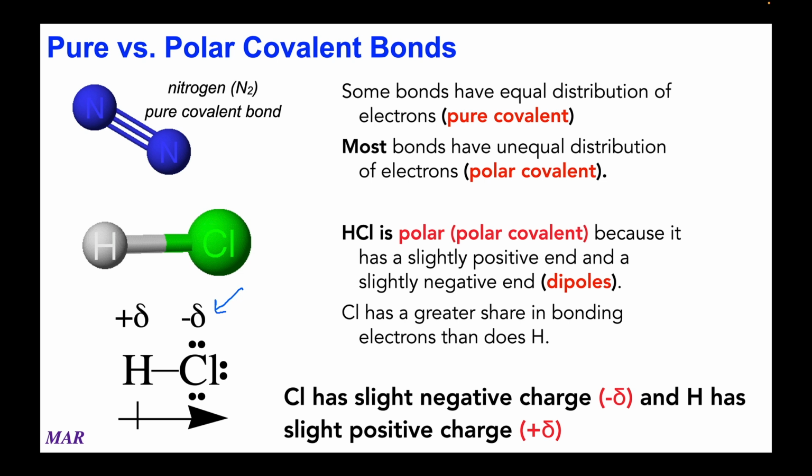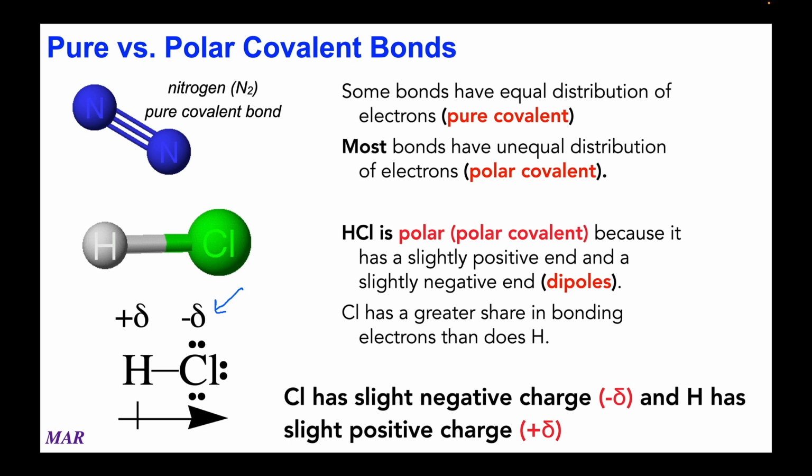So this delta symbol says that the chloride is pulling more electrons its way. It's more like a negative bond. And the H doesn't pull as well, so it has fewer electrons around it. It's going to be the more positive side of the dipole. So HCl is a polar molecule.